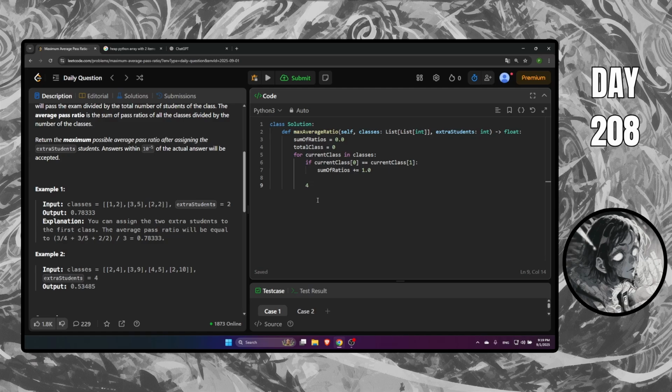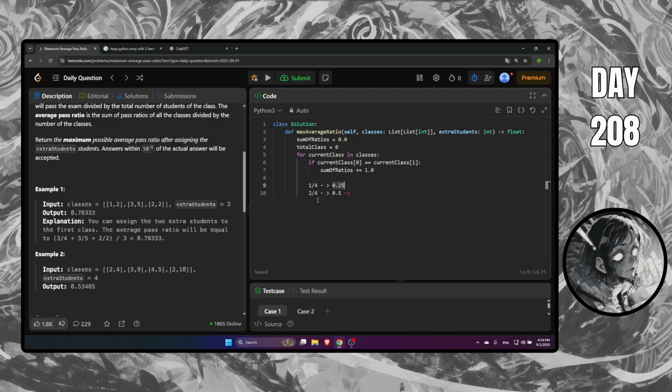What I'm thinking is, when I have 1 divided by 4 and 2 divided by 4, for example, which one is better to add? Because here we have 0.25 and 0.5.